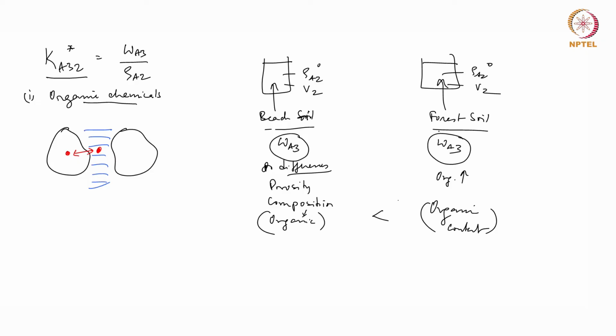With reference to water, do we use organic solids for anything? Maybe in water treatment? Activated carbon, what do you use it for? Treatment of water. What does treatment mean?